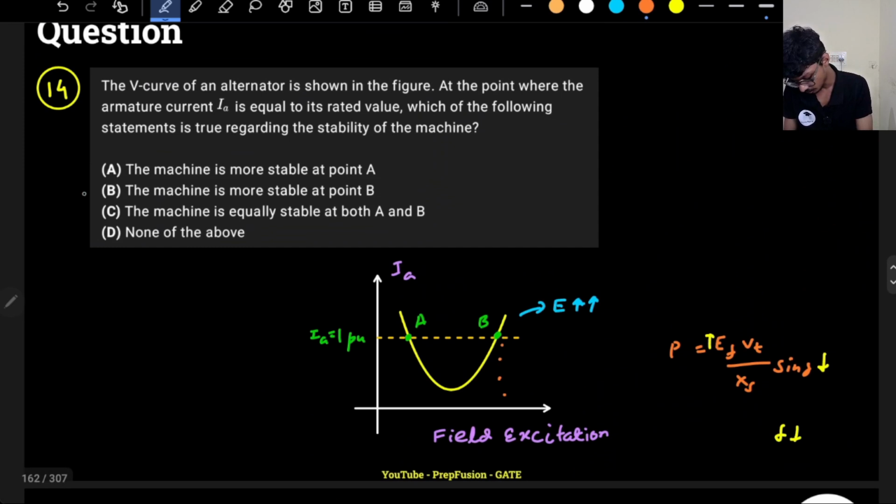So option B, machine is more stable at point B. I'm sorry I'm not telling you why, I will explain it later.